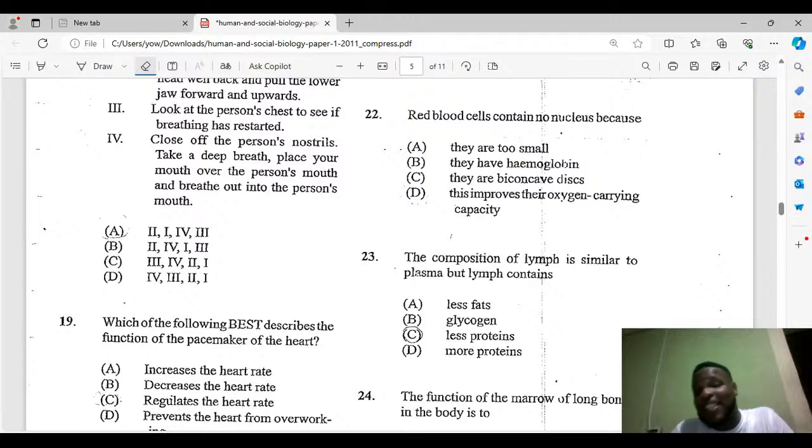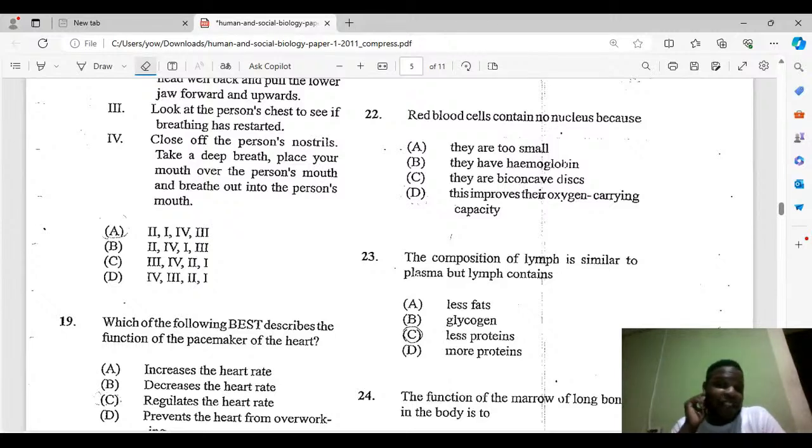All the people saying C, do you understand why it's D and why it's not C? Yes? Great. All right, next one, 23.